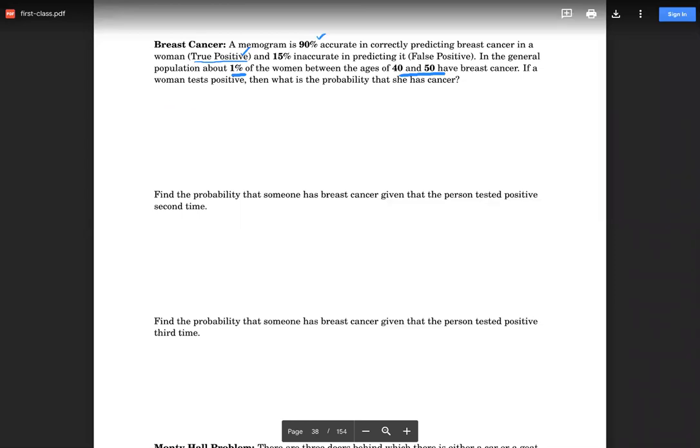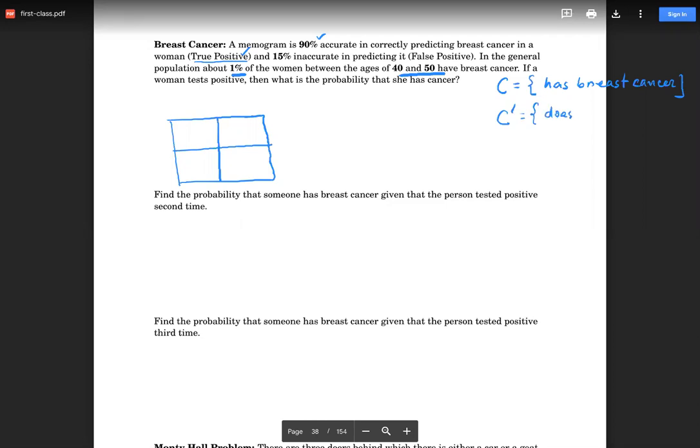Let me just do it here. Let's define an event. C is the event that someone has breast cancer, and C prime is the event that the person does not have breast cancer.